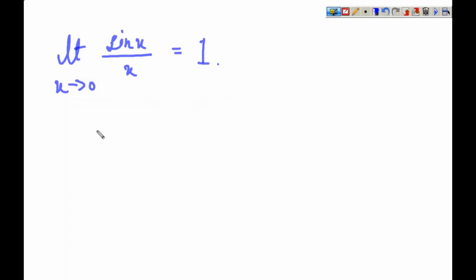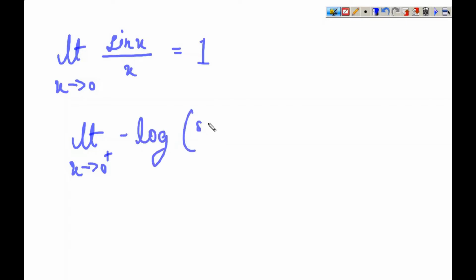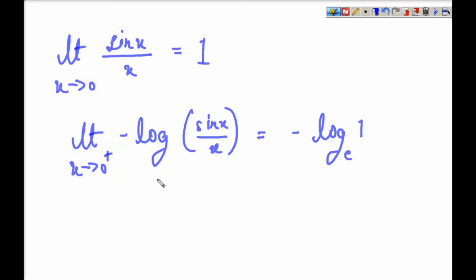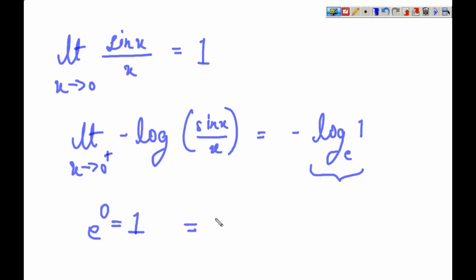So therefore this function, when x is approaching from the right hand side, the limit of minus log of sine x by x will be minus of log of 1 to the base e. And we know that e to the power 0, or anything to the power 0, is 1. Therefore the limit will be 0.